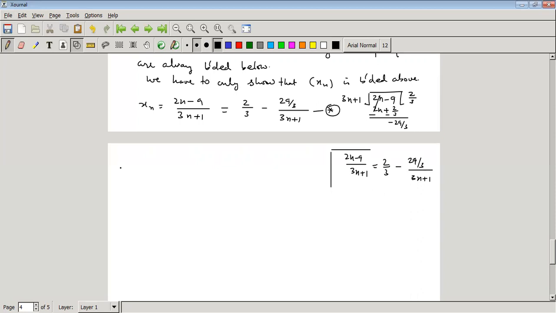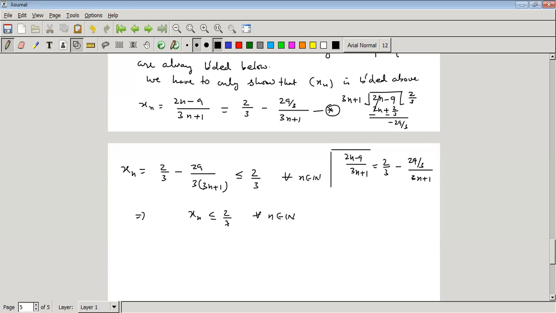Now we can write x_n as 2 by 3 minus 29 upon 3 times (3n plus 1). And 2 by 3 minus something positive is decreasing when we put n equal to 1, 2, 3, 4. So it is always less than or equal to 2 by 3 for every n.